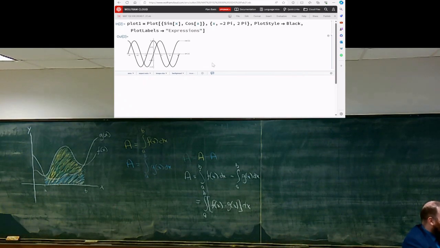The area we're looking for is this region in here, right? Sine and cosine are equal at pi over 4. So I know that that is pi over 4.